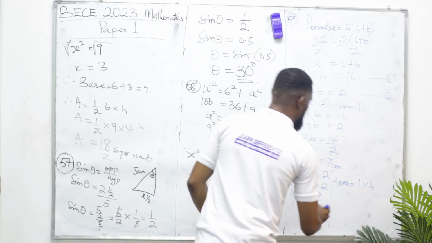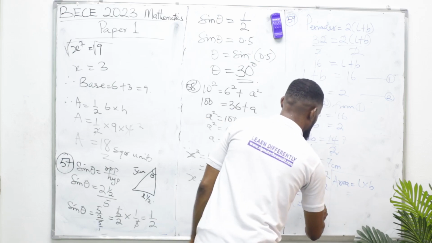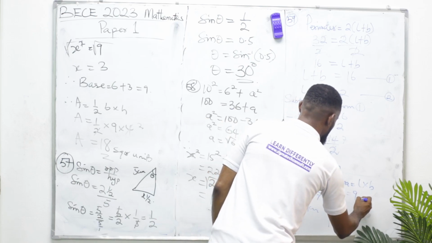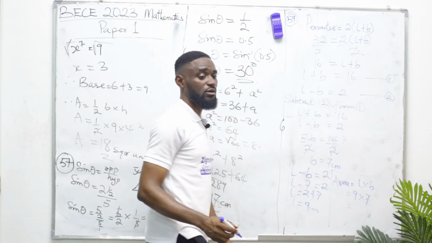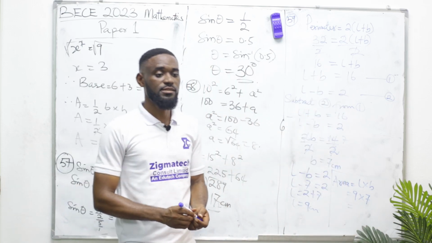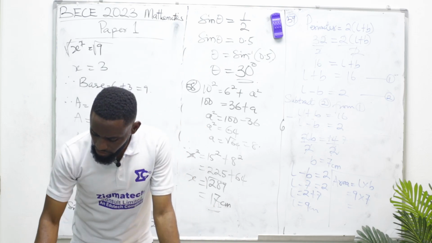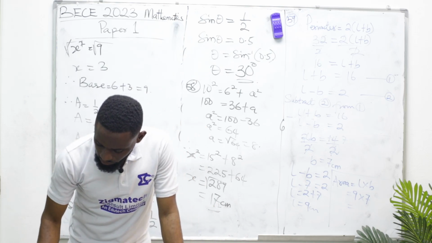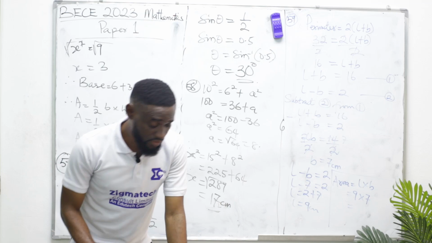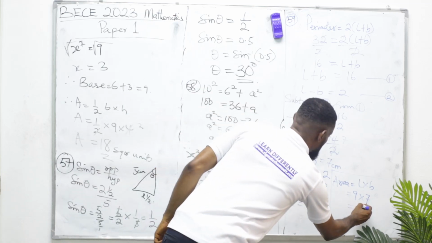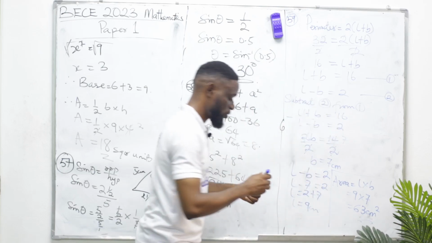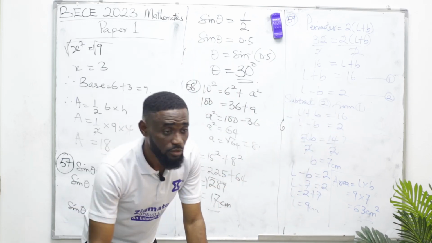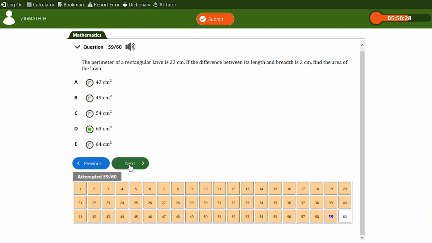So this is equal to 9 times 7. Okay, so that is, I think, 63. 9 times 7, 63. So 63 cm square. That is option D, the correct option there.